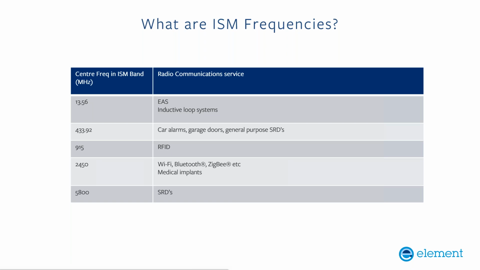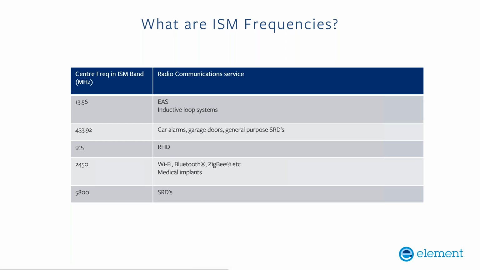Well, here's an example or a list of the different ISM frequencies and what radio communication services use those bands for. So 13.56 megahertz, for example, is used by electronic article surveillance. These are typically the large loops that you see in shops and garages, if you were to walk out with something that hadn't been paid for.